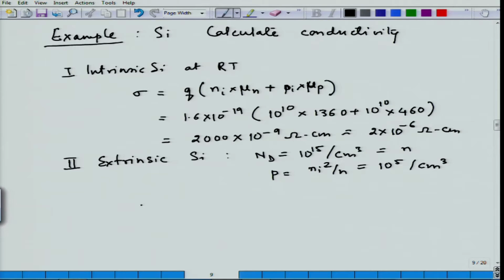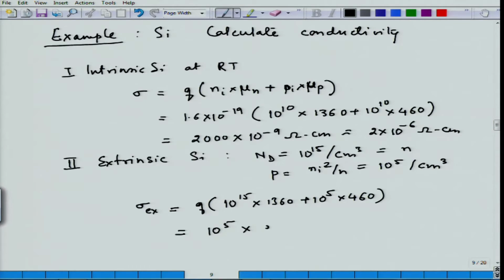So, if I calculate for the extrinsic semiconductor, the conductivity will be equal to q times 10 to the power 15 multiplied by 1360, plus 10 to the power 5 times 460. If you do this calculation, the value comes out to be approximately 10 to the power 5 times sigma intrinsic.